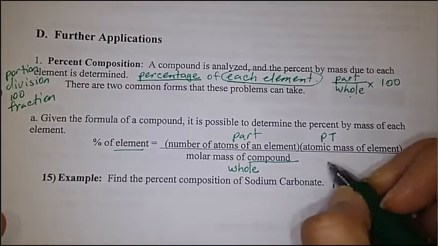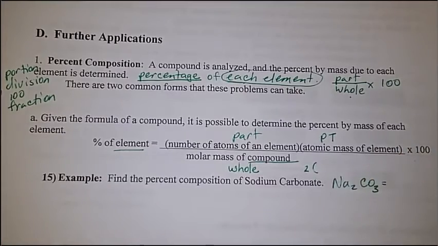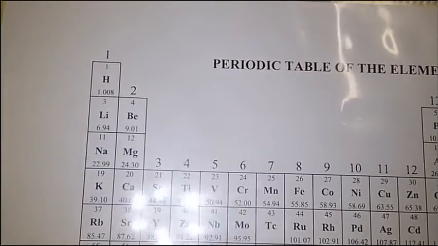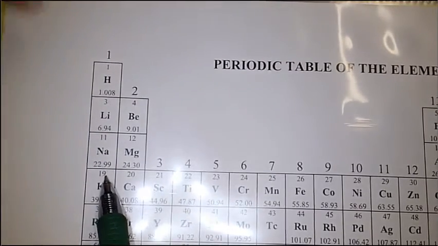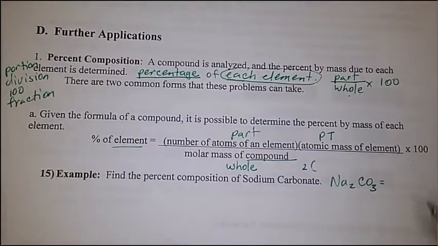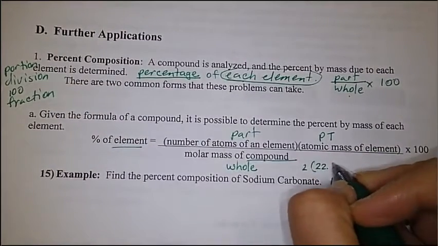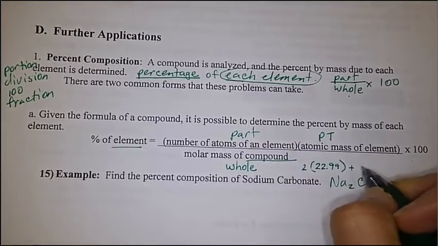I'll go ahead and find it for you up here, but it is 2 sodium atoms. Each sodium atom, if you go onto your periodic table, you are given the mass right here. The mass of a sodium is 22.99, plus 1 carbon atom.